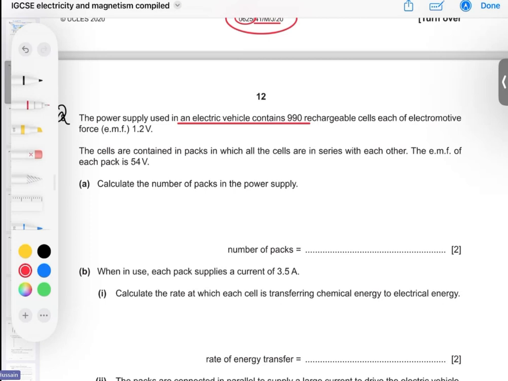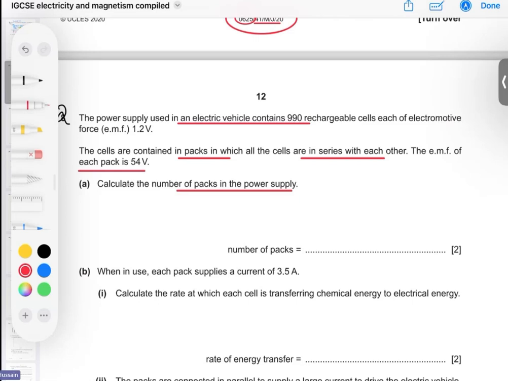Cells are contained in packs in which all the cells are in series with each other. The EMF of each pack is 54 volts. The number of packs in the power supply is to be calculated.